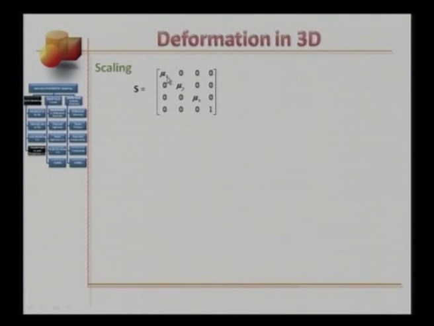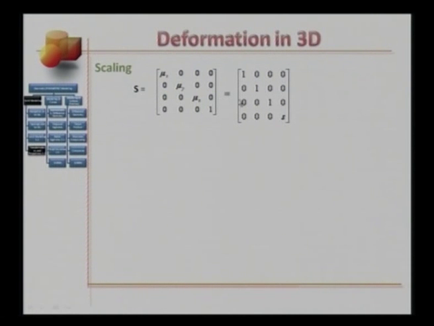These are non-zero values, and this scaling matrix is equivalent to this one, with elements in the first row as 1, 0, 0, 0, 0, 1, 0, 0, 0, 0, 1, 0, and 0, 0, 0, s.